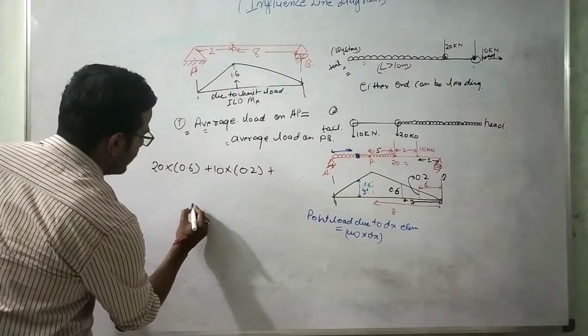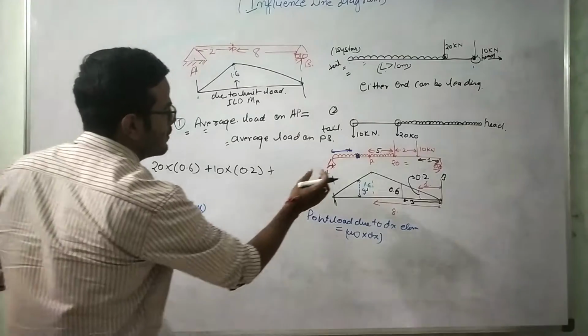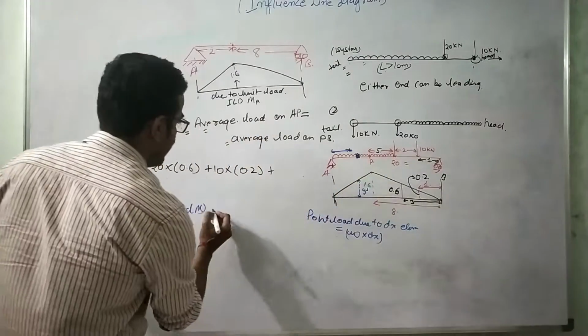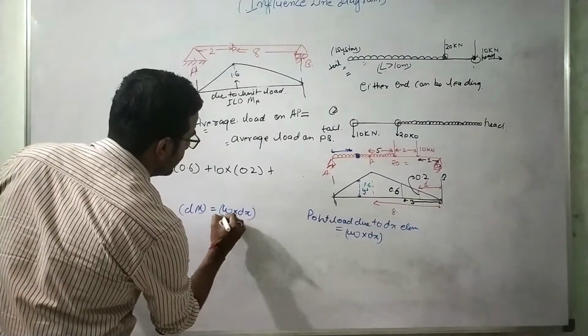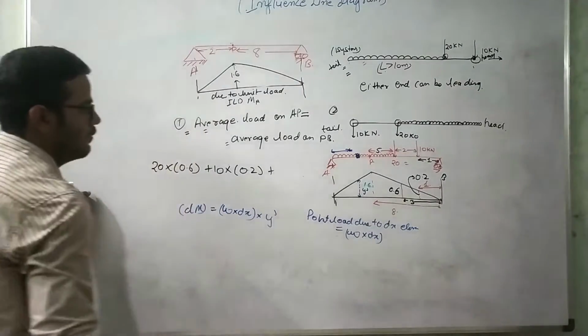So the moment dM due to this element at point P will be nothing but this W into dx, which is the point load, into this ordinate y dash.